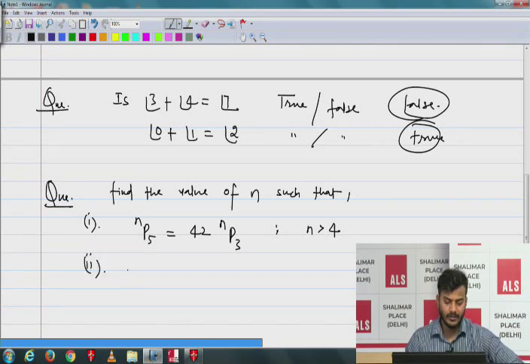The second part is also given. It is nP4 divided by (n minus 1)P4 equals 5 by 3. It has the same condition, n is greater than 4.